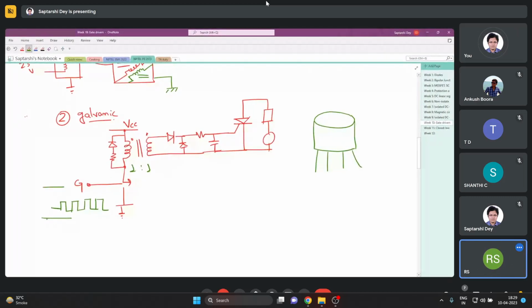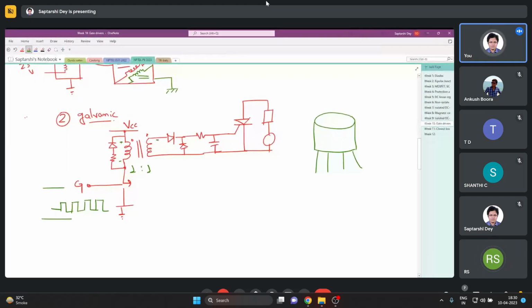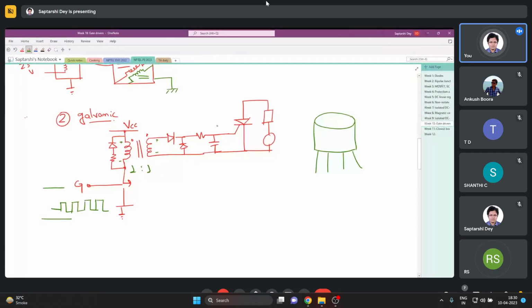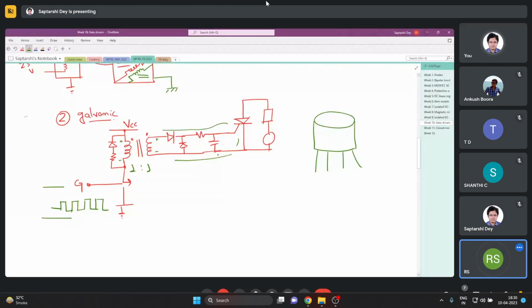When this is high, then this switch is closed. So we have VCC across the primary. The same VCC appears here, and through this path it drives the gate of the device. Now the gate turns on.